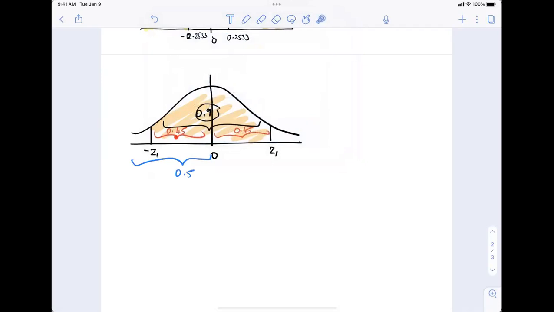And if this chunk is taken up by 0.45, then area to the left of minus Z1 has to be 0.05. So now we know that the probability of Z being lesser than or equal to minus Z1 is equal to 0.05. And once I visualize this, we can find minus Z1, and from there, we can find Z1.